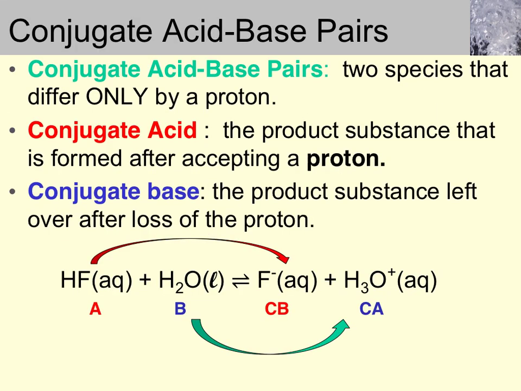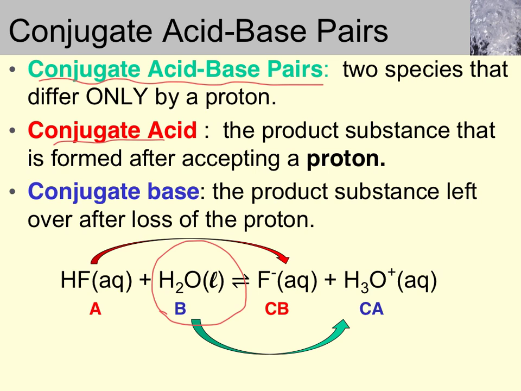All right, the second thing you need to do after you get comfortable labeling acids and bases is being able to identify and label conjugate acid-base pairs. So let's look at the definition of these first, and then we'll do a practice problem. A conjugate acid is what is formed after the base accepts a proton.